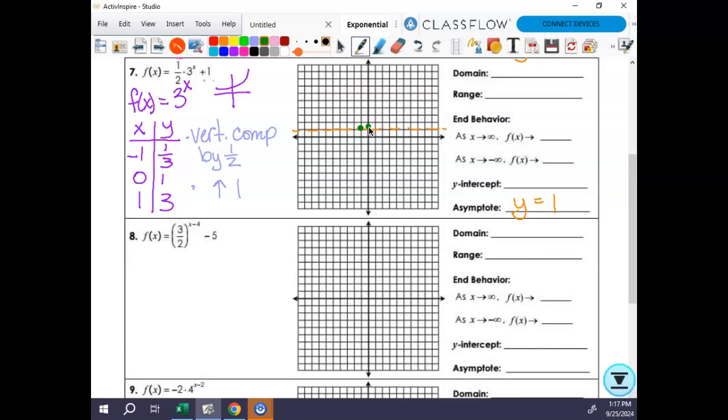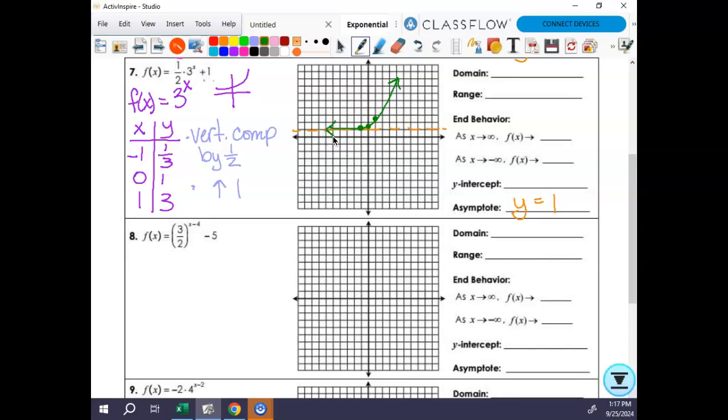What's half of 3? 1.5, right? So I can go to like 1.5, and then I move up 1, and I should be right about there. Y'all understand what I was doing there? Okay, just a little bit at a time to get the pieces that you need. And then I sketch that in.